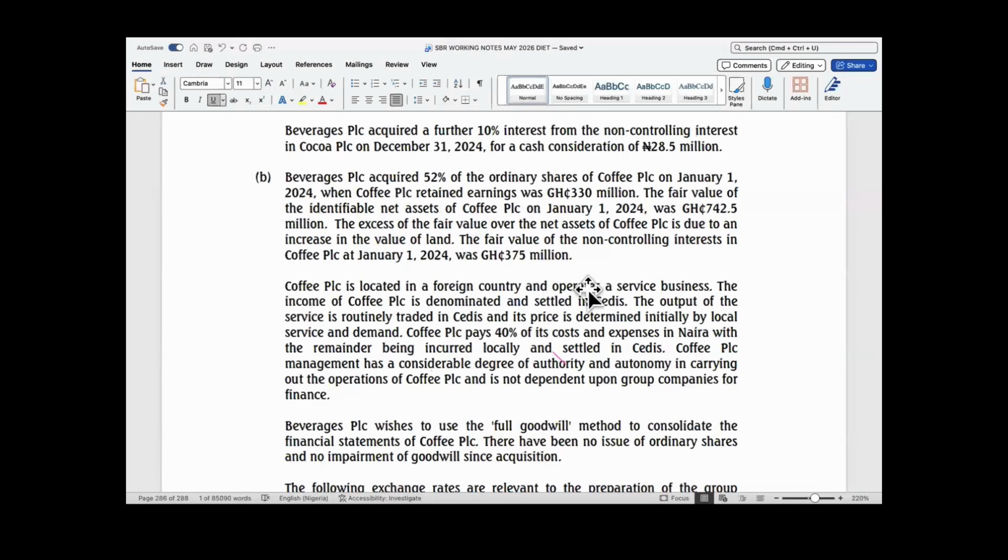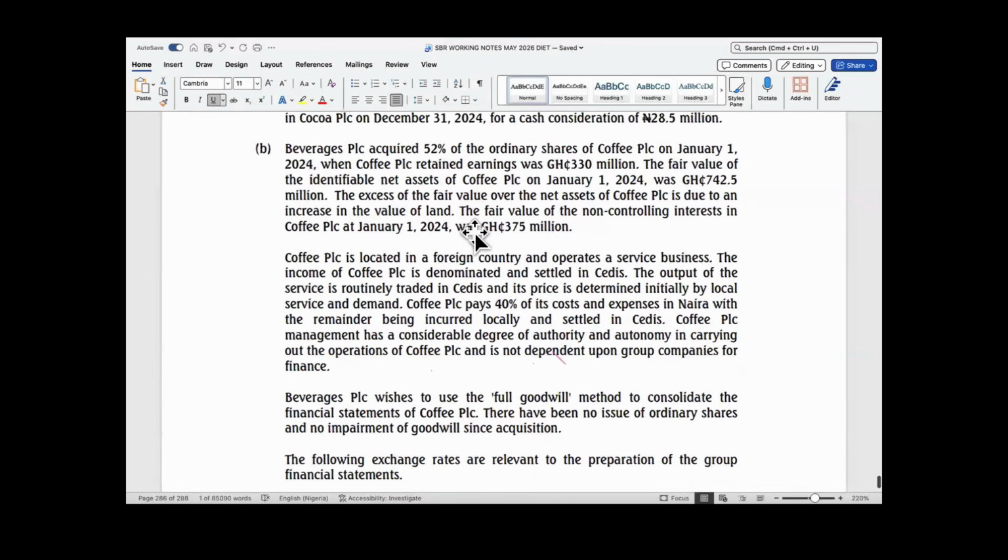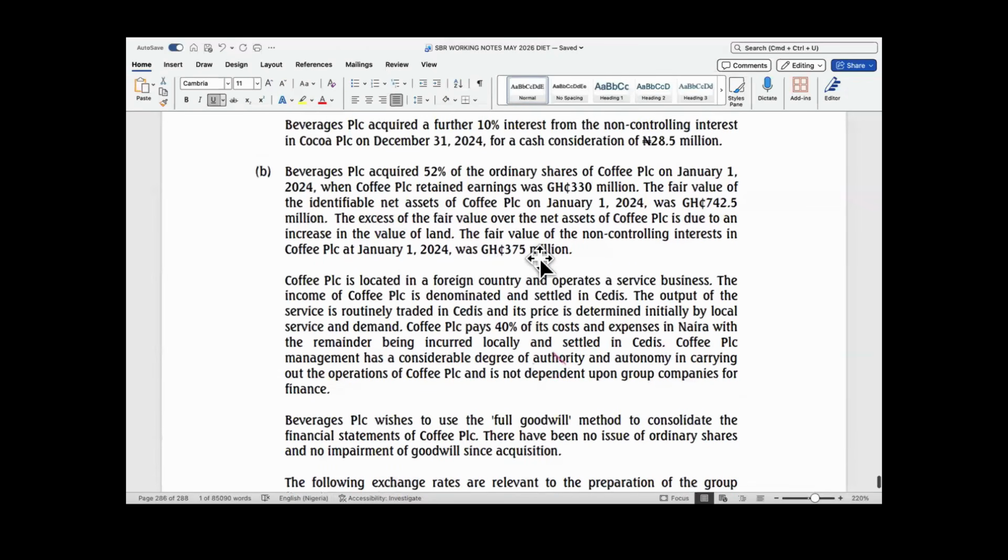Okay, so with this again, I can easily compute my goodwill, but hold up, we can't just jump to goodwill here because these are foreign currency transactions. So let's see how we're going to approach this, because I need to know how I want to translate. I need to translate all these figures into my functional currency or presentation currency first before I compute anything.